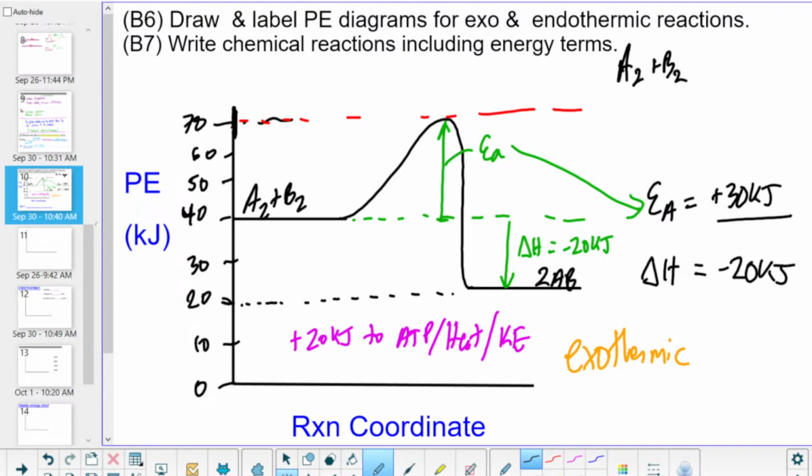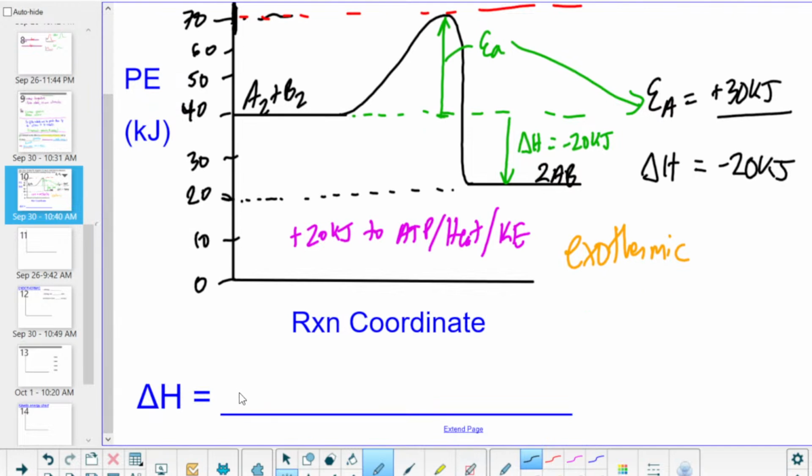Sorry, could you just restate what the change in H means again? So this, I haven't defined it yet. I'm going to define it below. This is known as enthalpy. So delta means change in. And the brand new term is enthalpy.